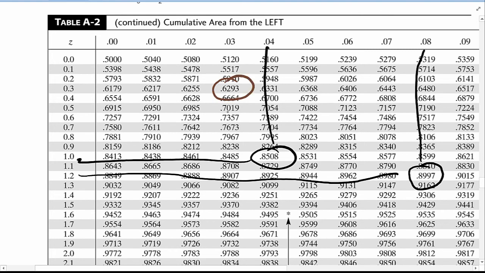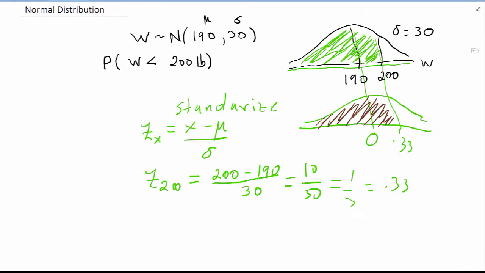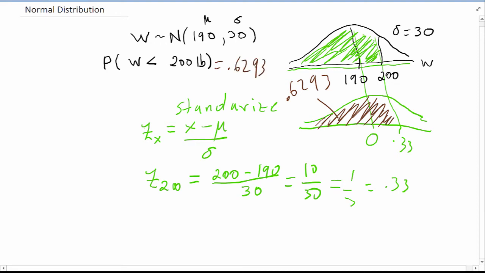I mean, we expected that to be more than 50%. So this area right here is 0.6293. That's the same as that area.